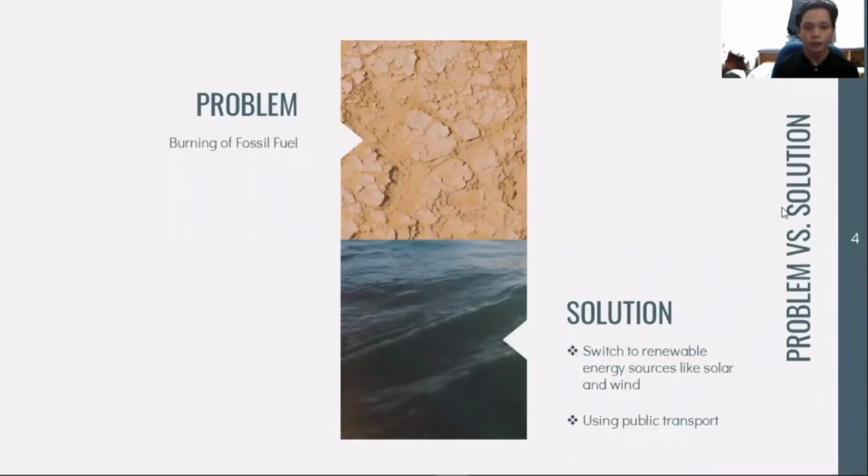So the first problem is the burning of fossil fuel. The solution to solve this problem can be to switch to renewable energy sources like solar and wind, or use public transport. The second problem is vehicular and industrial release. The solution to this problem is to reduce the use of vehicles by just walking to your destination or to practice carpooling.